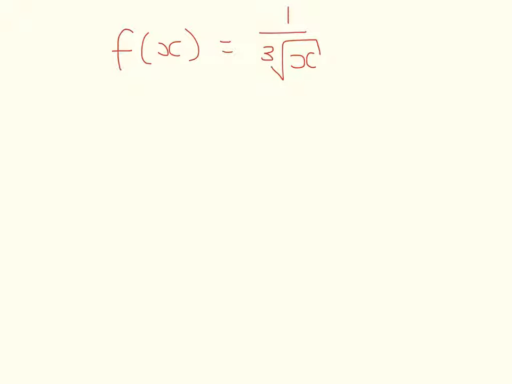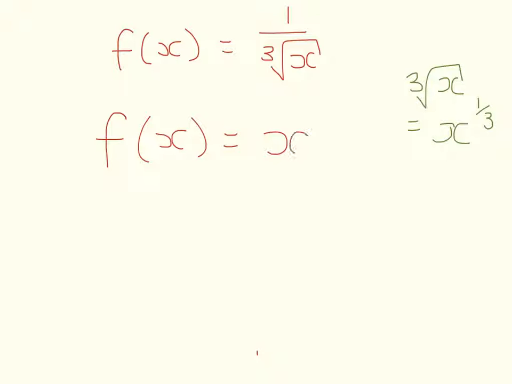So I know that the cube root of x is the same as x to the power of 1/3, don't we? But if we've got 1 over that, then the 1 over means that that is the same as x to the power of minus 1/3.